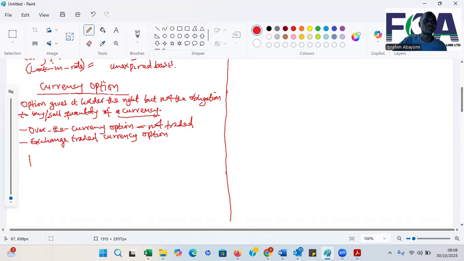So now, how do we hedge? Procedure for hedging using currency option. Let me go to my notes so that I'm not missing anything.